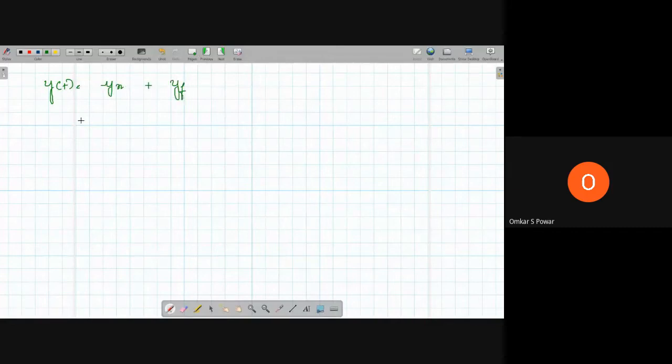If you see the previous slide, I got the natural response as C1 e^(-2t) + C2 e^(-3t). Then what is your forced response you have got? t into minus 12e^(-2t). Now, what is the first clue they have given?